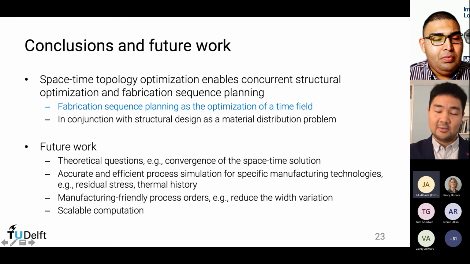One of the topics we are currently working on is to reduce the weight variation. Of course, the last one is scalable computation. It is because we have an iterative process, and in each iteration we have to do accurate process simulation, so it involves very high computation cost. We want to build a more scalable computational framework.